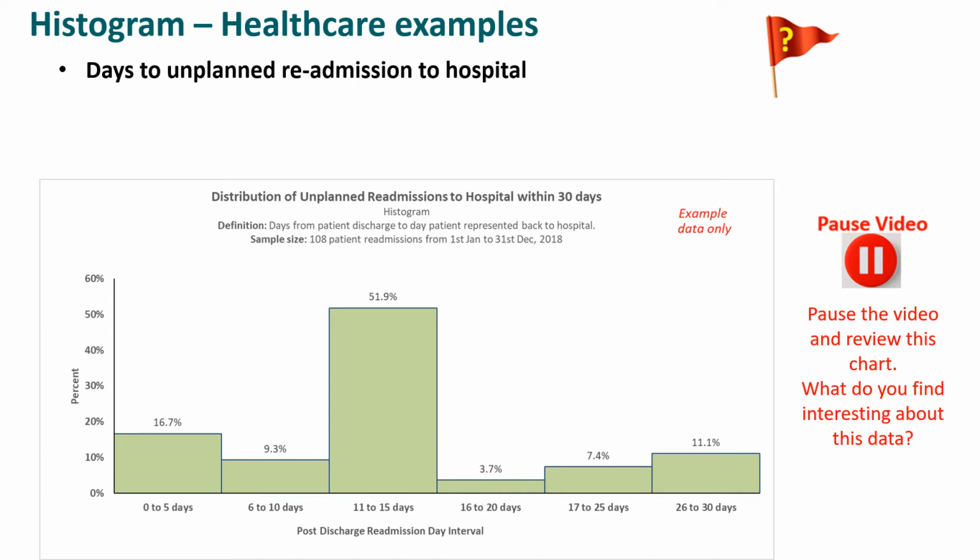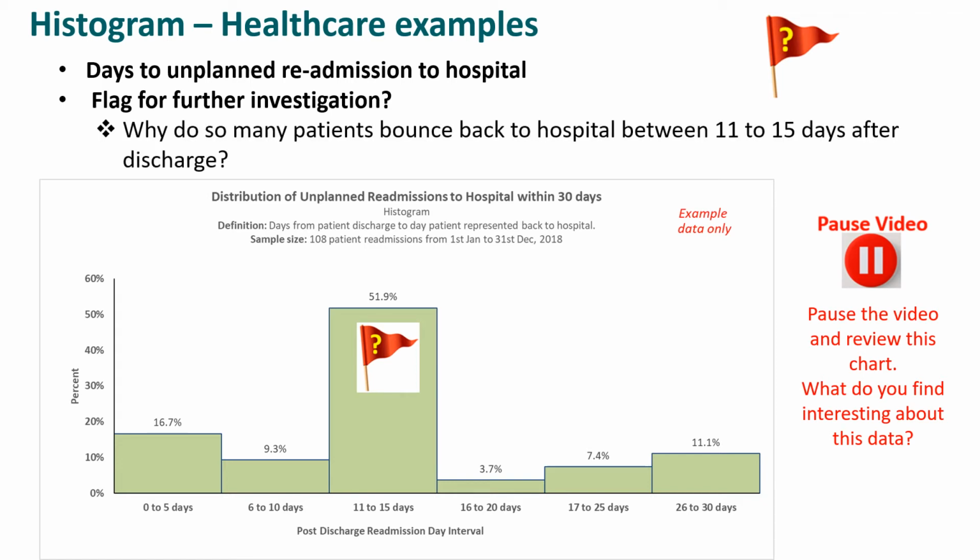And they've spelled out the definition of what an unplanned readmission is, which is the days from the patient being discharged to the days the patient represented back to hospital. It's interesting data because between 11 and 15 days, we've got just under 52% of patients bouncing back to hospital during that time frame. So a flag for further investigation is to try and dig down and work out why so many patients bounce back between that time.